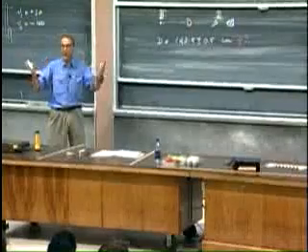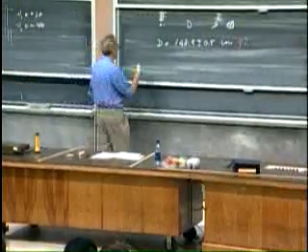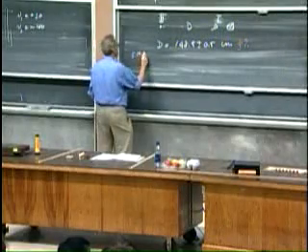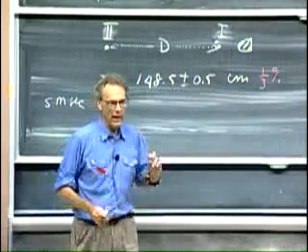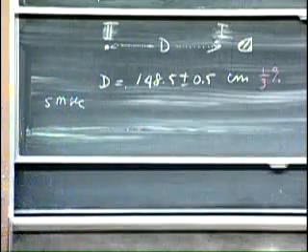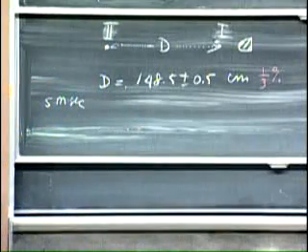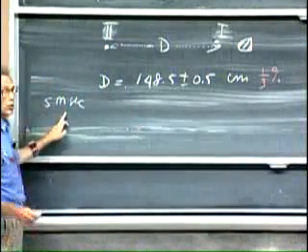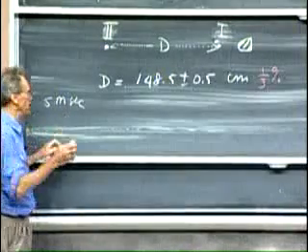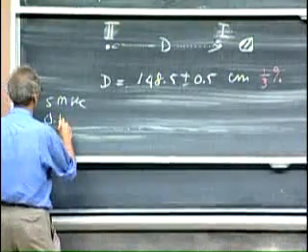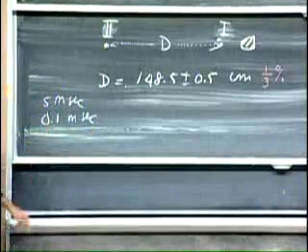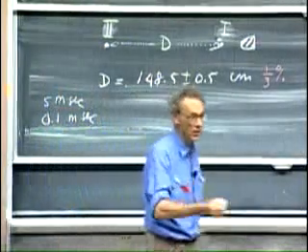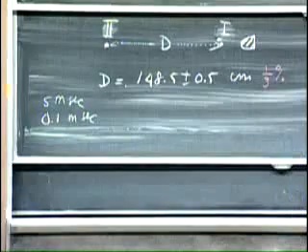Just a wild guess. Then it would take 5 milliseconds for this bullet to cross from here to here. And if I want to make a measurement to 2% accuracy, I have to know this timing to about 1/10 of a millisecond, because 1/10 of a millisecond is about 2% of 5. So that sets the accuracy that I need to make the time measurements.